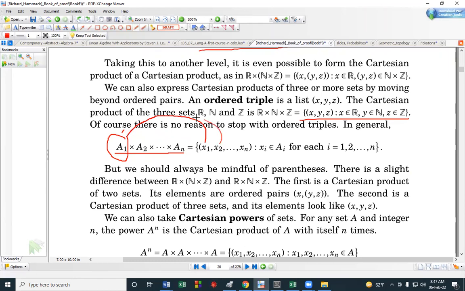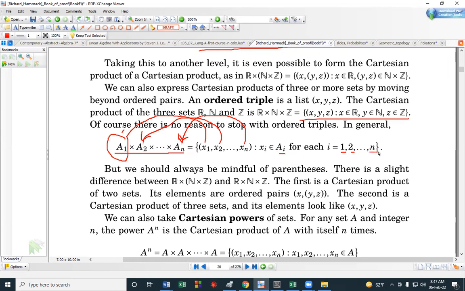From here, second one will come from here, second set, and so on. And final one will be coming from here. That's what they said, like I1 is from A1. It's just a notation. I2, that means X2 coming from A2.